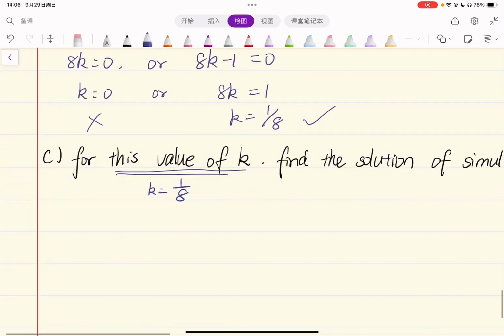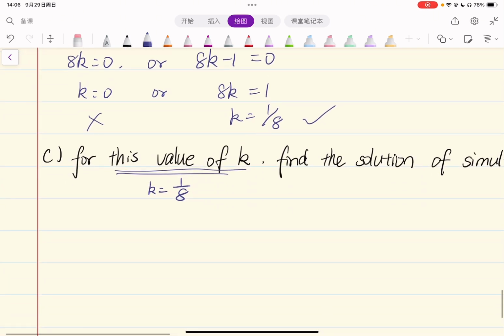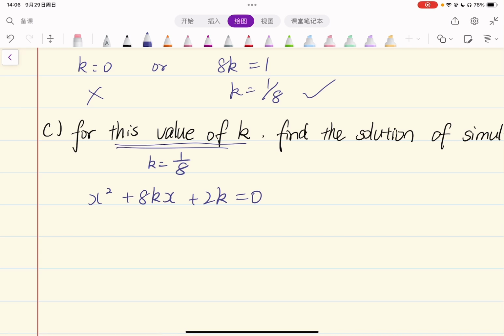So what we need to do is find the value of x first from the new quadratic equation. We have x squared plus 8kx plus 2k equals 0, and we substitute k equals 1 over 8 into this equation. What do we have? We have x squared plus 8 times 1 over 8 times x plus 2 times 1 over 8 equals 0.